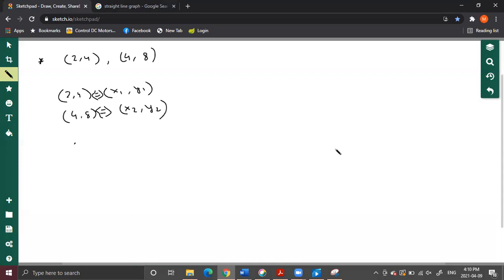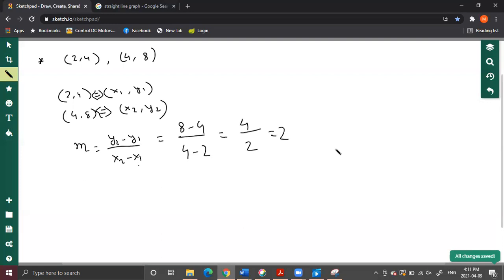So we can find the slope using the formula: m is equal to y2 minus y1 divided by x2 minus x1. So in our case, y2 is 8, y1 is 4, x2 is 4, x1 is 2. So we are left with 2. So our slope is equal to 2.